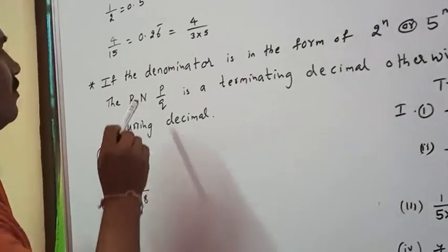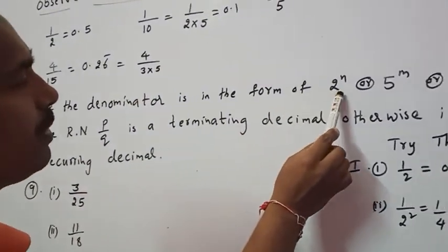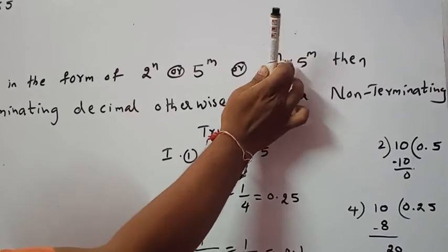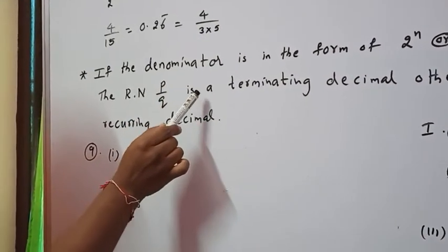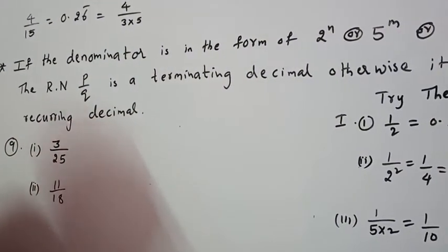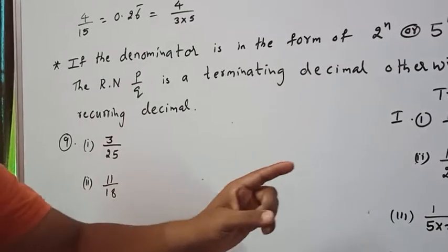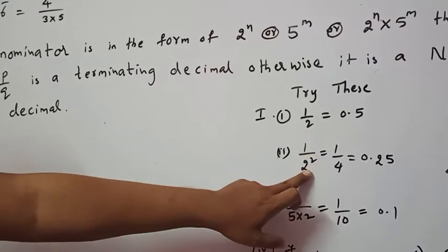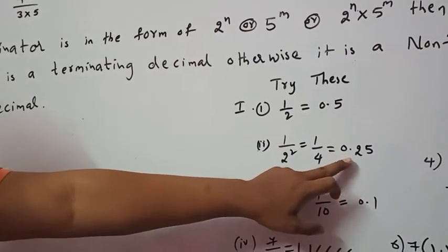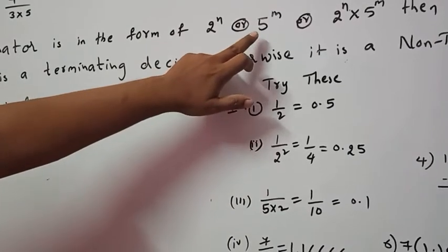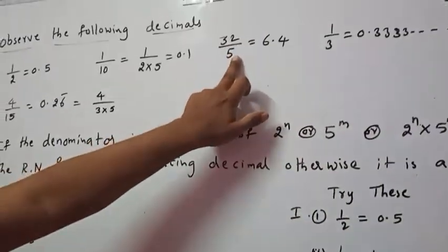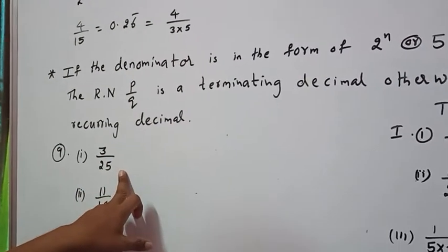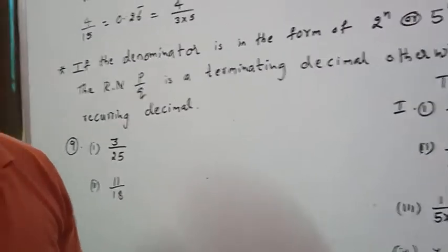That means if the denominator is in the form of 2 power n, or 5 power m, or 2 power n into 5 power m, then the rational number p by q is a terminating decimal. If the denominator is of 2 power n form, then that is a terminating decimal. So if the denominator contains 5 power n, like 32 by 5, or you can take 3 by 25, these are all terminating decimals.